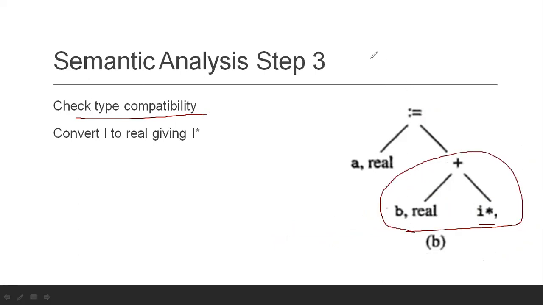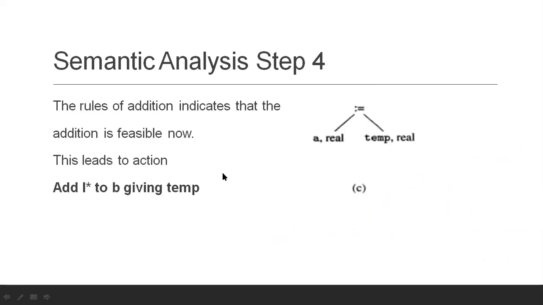Once the addition is performed, what will happen? It will be saved into a temporary variable. That is step 4. The rules of addition indicate that the addition is feasible now. This leads to the action add I star to B, giving temp. So I star to B is added and that we call temp, whose type is also real. This is step 4. Now what is remaining?